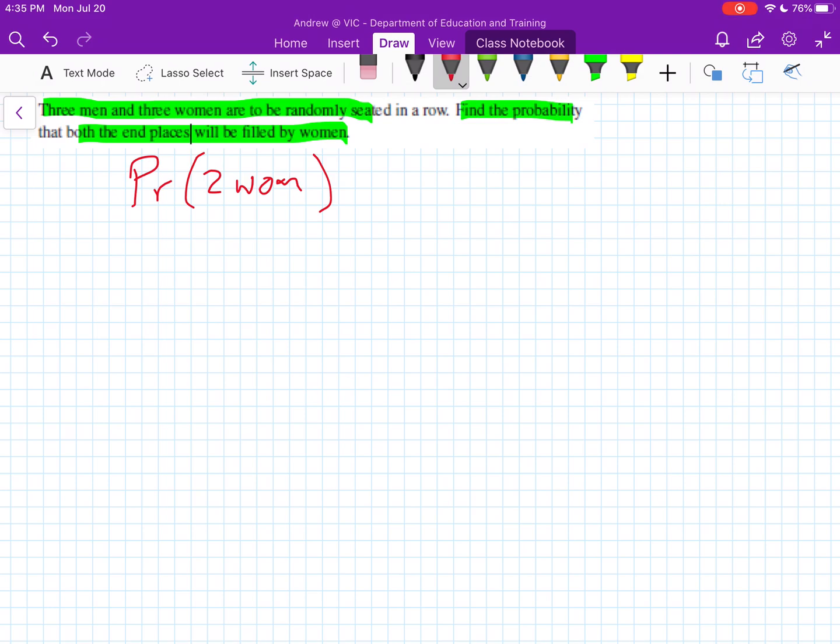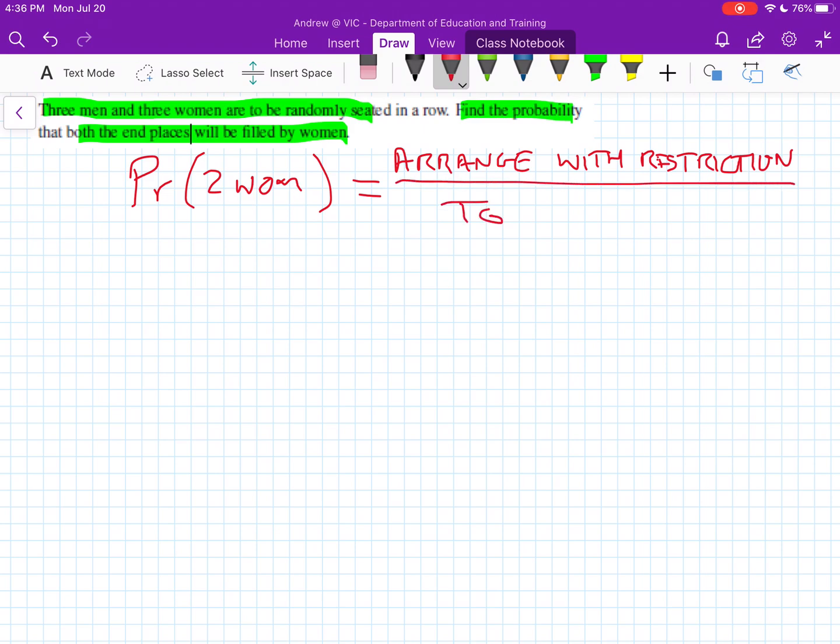At the ends, this is going to be our arrangements with the restriction of what is said, and this is going to be over our total arrangements, and this is without restriction. So we just need to work out these 2 values.